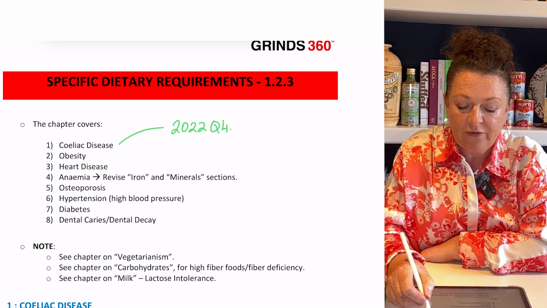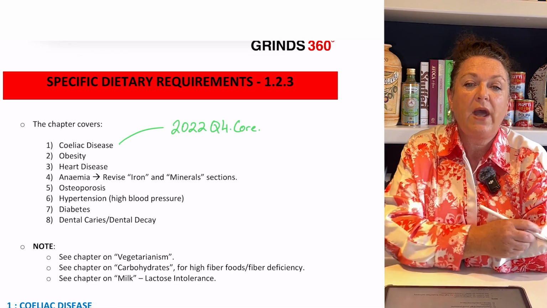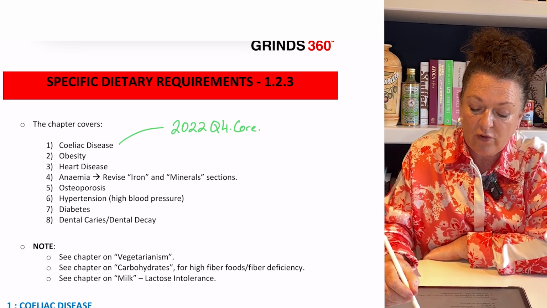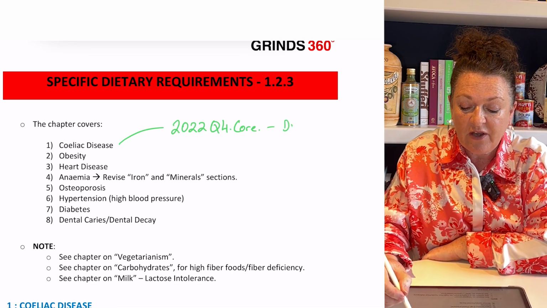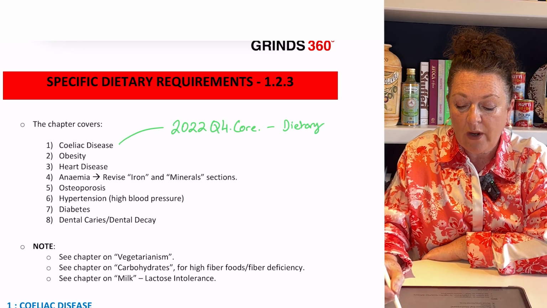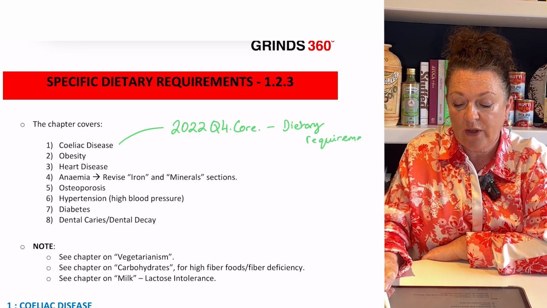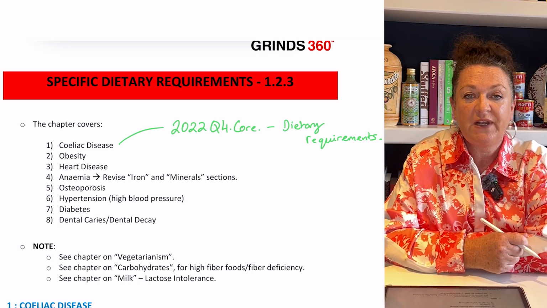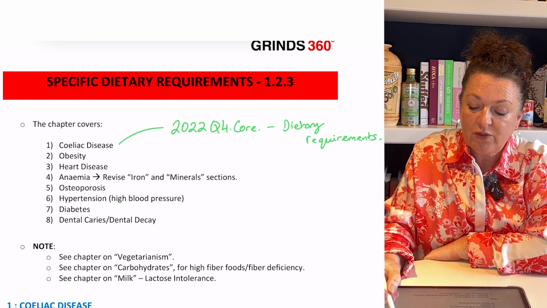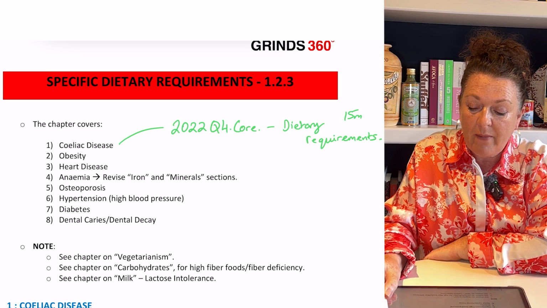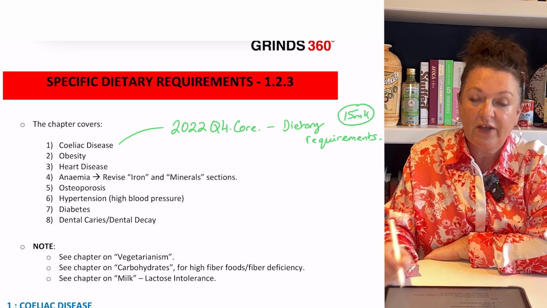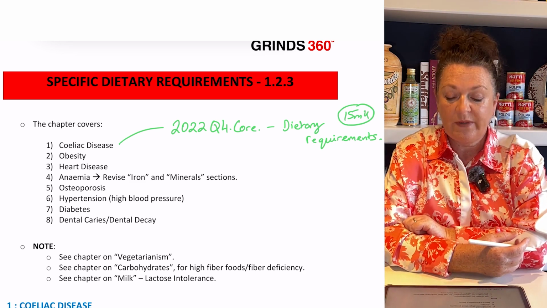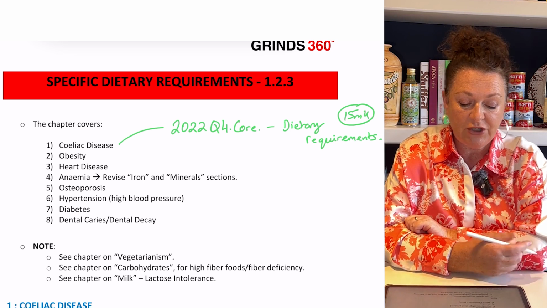It was on question 4, the core, and students were asked for the specific dietary requirements, or the dietary guidelines, as another way you can interpret it, for a person who's suffering from celiac disease. It was worth 15 marks, and you had to give 3 dietary requirements at 5 marks each.